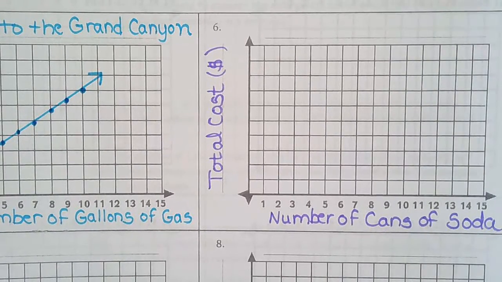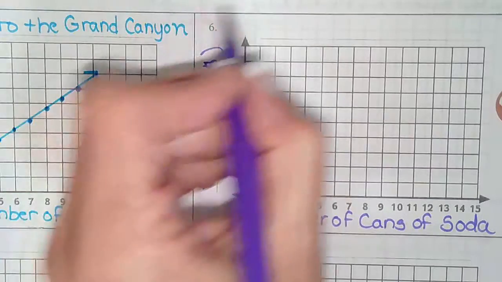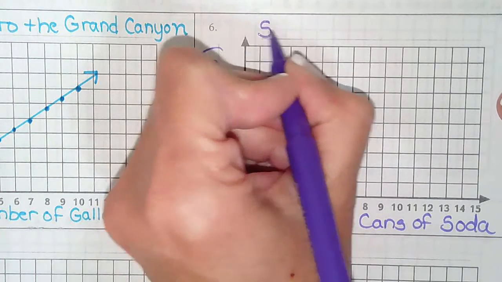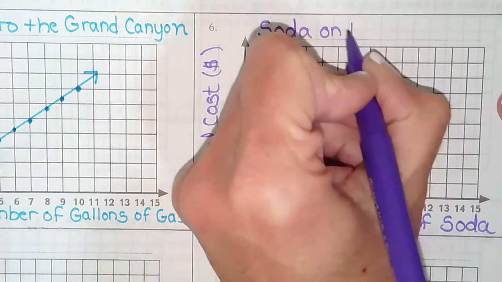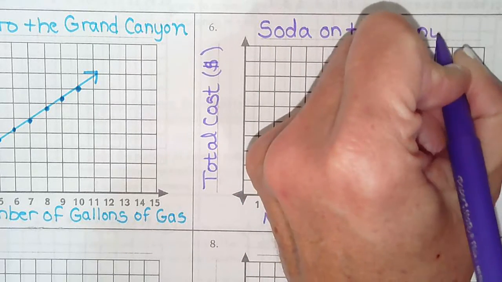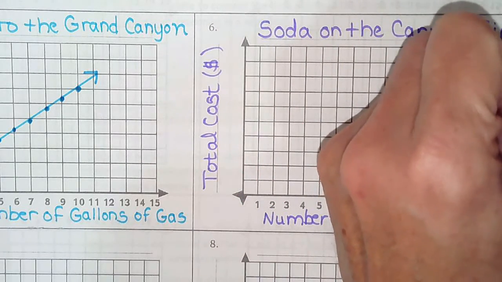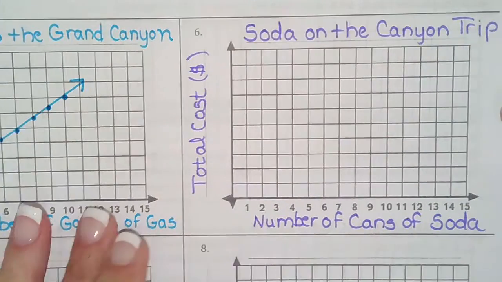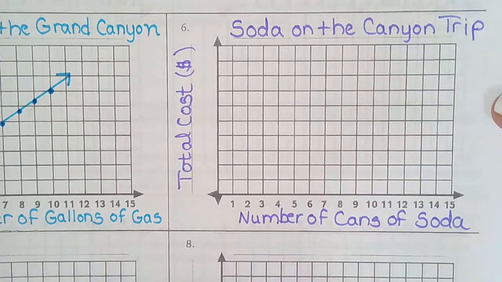So, soda on the Grand Canyon trip? I don't know. We'll just say canyon trip since that's too long. And giving it a title does count as points on your test, so make sure you follow all the steps that your test asks.